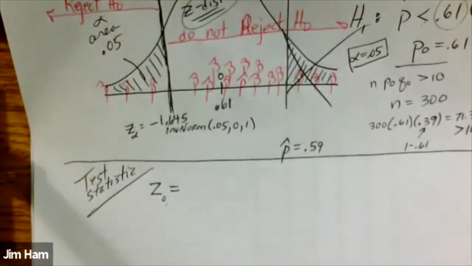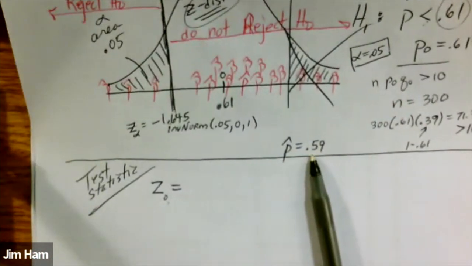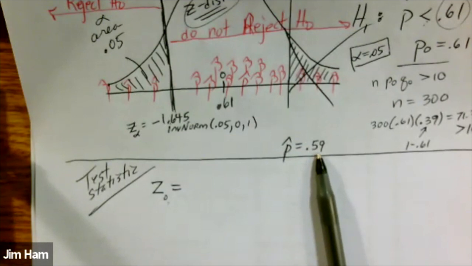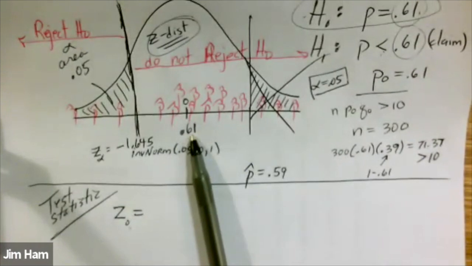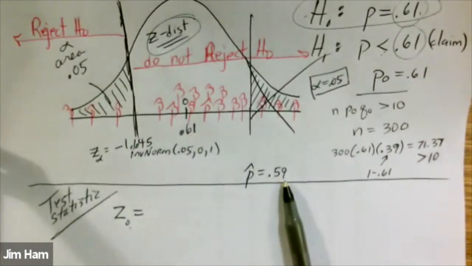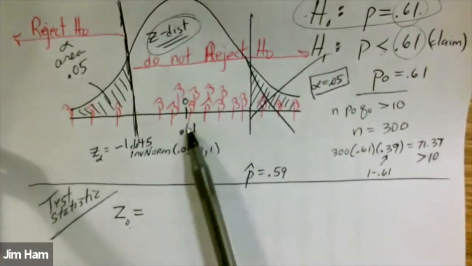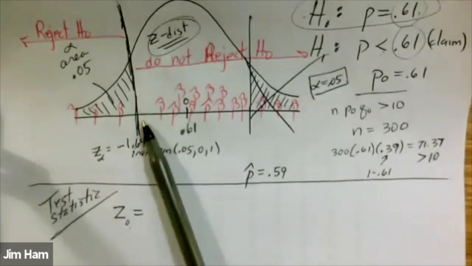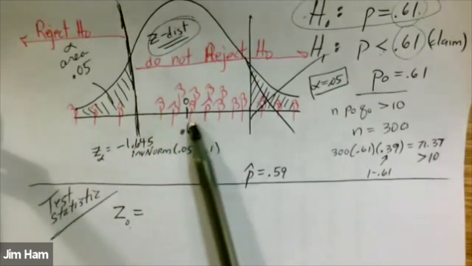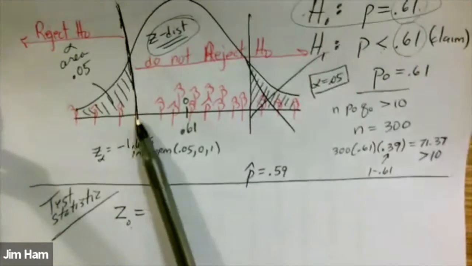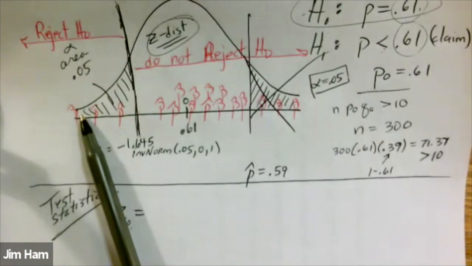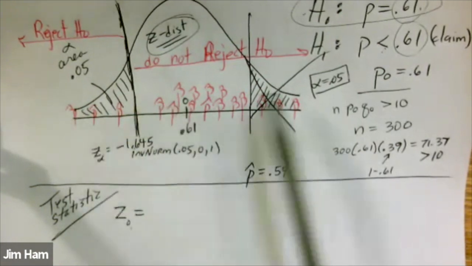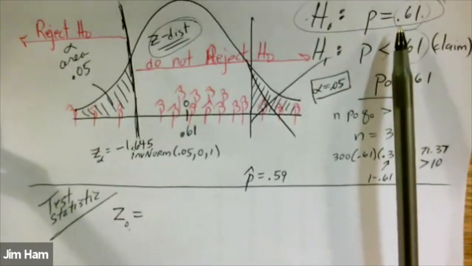Now you'll notice that in comparison to the claim that the proportion is less than 0.61, 0.59 is in fact less than 0.61. So the question is, is it less enough to cross this line in the sand that would enable us to say it's significantly less than 0.61, and that would lead us to reject the claim that the population proportion is in fact 0.61.